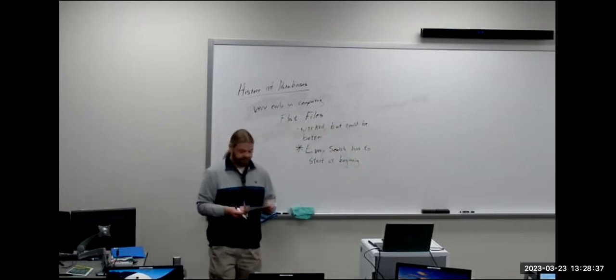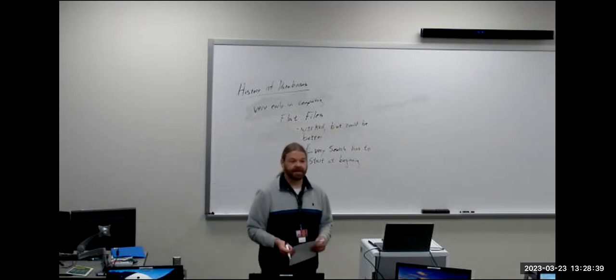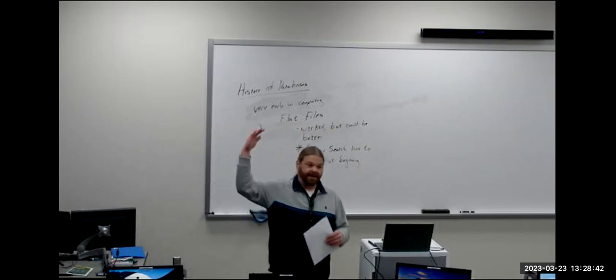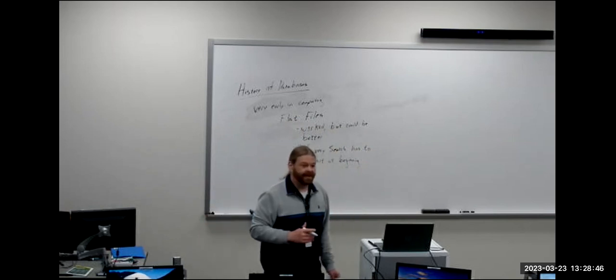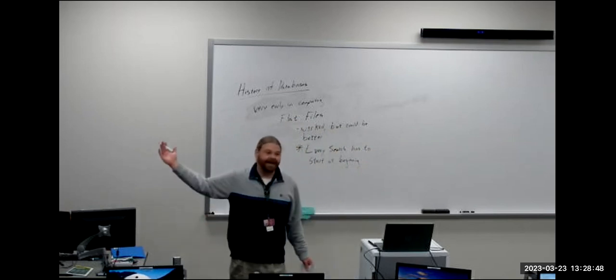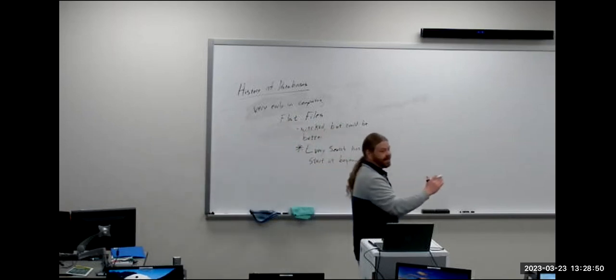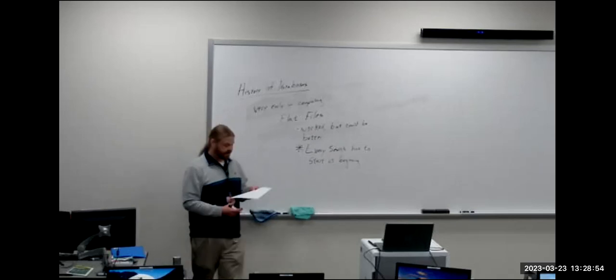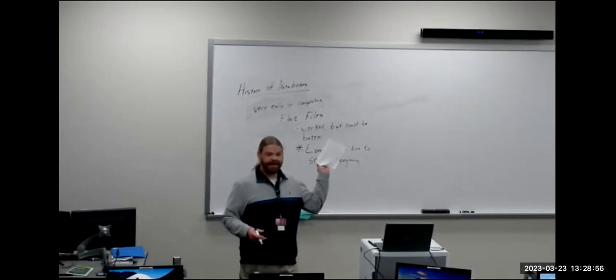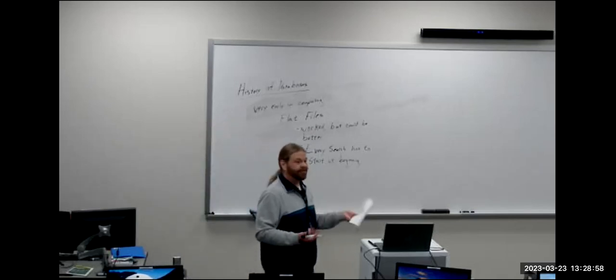So if we need 3 things from those files, we have to go to the beginning of our entire collection, start digging through until we find the first thing. Then we have to go back to the beginning and dig through until we find the second thing. Then we have to go back to the beginning and dig through until we find the third thing. So 3 things basically required 3 passes through the files.